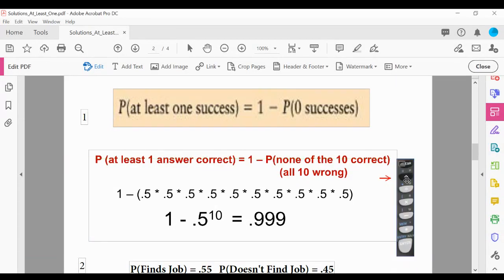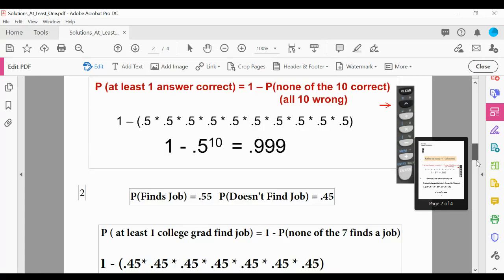It's the little, I call it a caret. You put in 0.5, you hit the caret, you put in 10, and then the calculator will raise it to the 10th power, and you subtract that answer from one. It's 0.999. It's almost a sure thing. Given 10 questions, just guessing, the probability of getting at least one of those right is pretty darn high. 0.999. It's almost a sure thing.